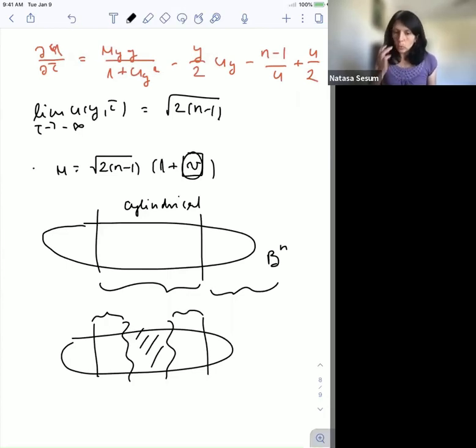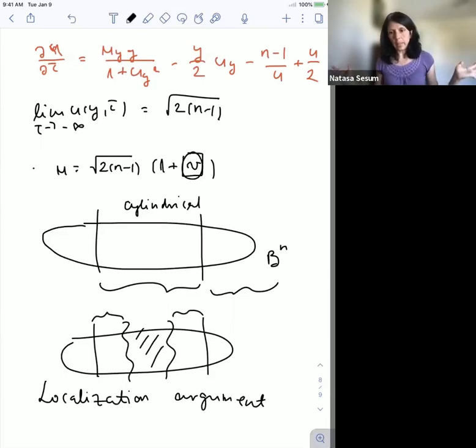And this is what we do by a subtle argument using barriers. So this is what we call the localization argument. Once again, this is controlling the deviation from a cylinder on a very big region by the deviation from a cylinder on a much smaller region.